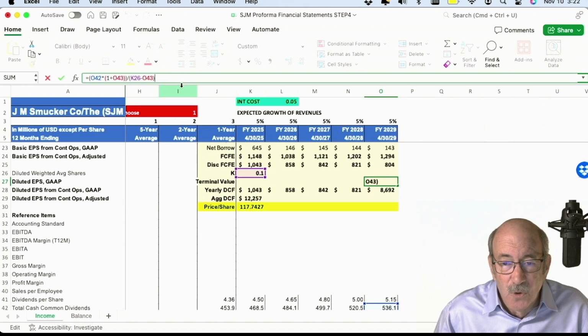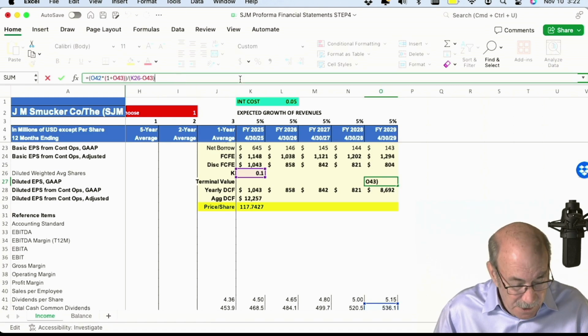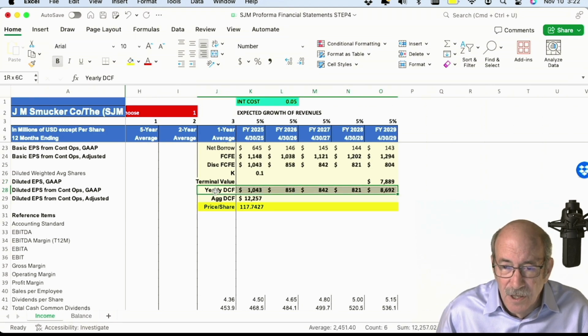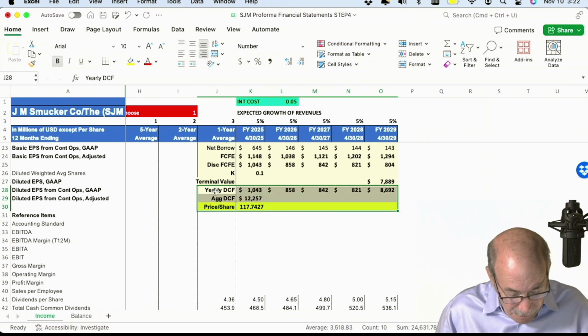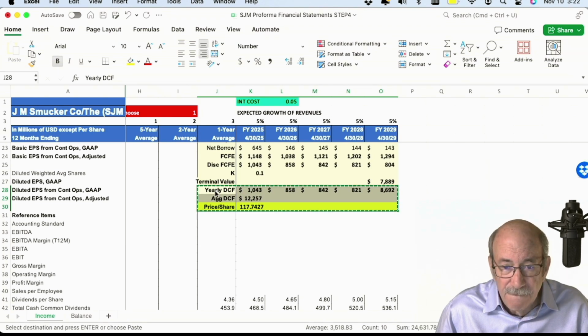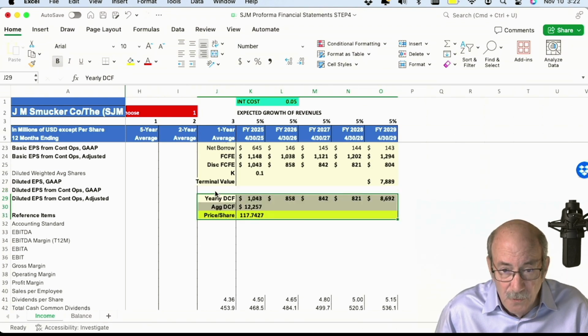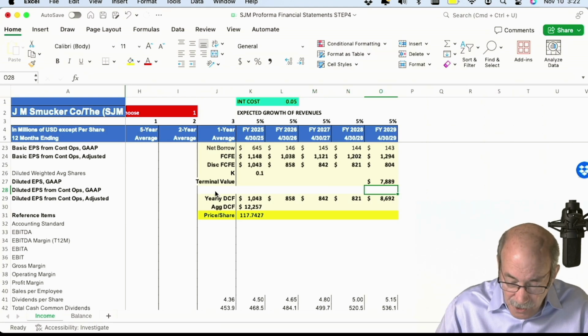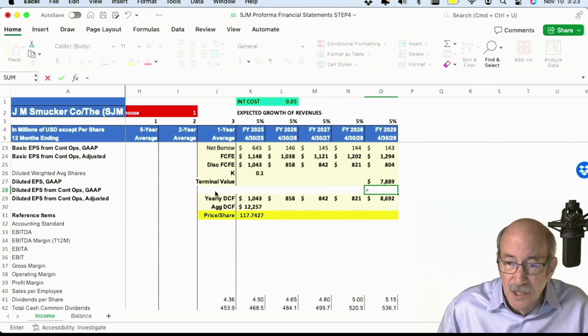So what I am going to do, let's see, why don't I do it in a separate row? I'm going to take this stuff and I'm going to move it down one row. And then I'm going to calculate the new discounted terminal value.